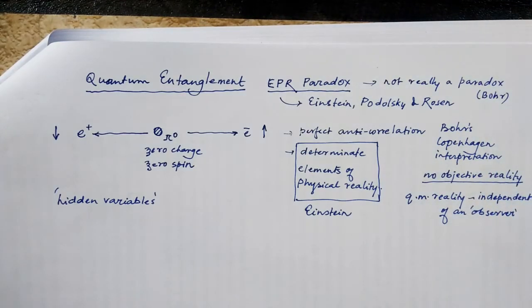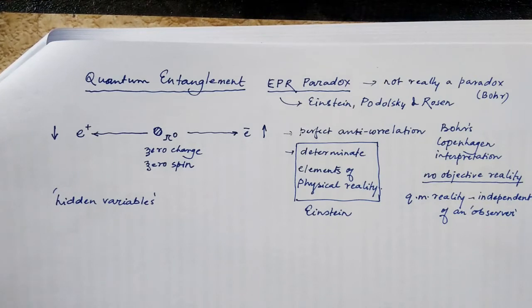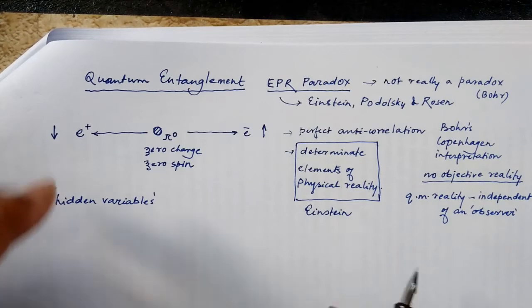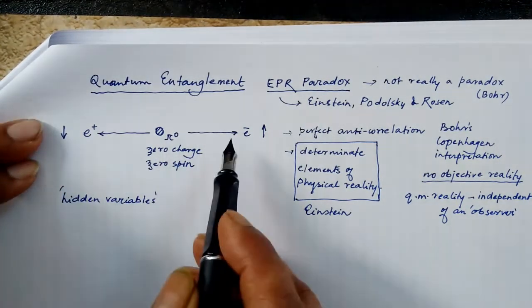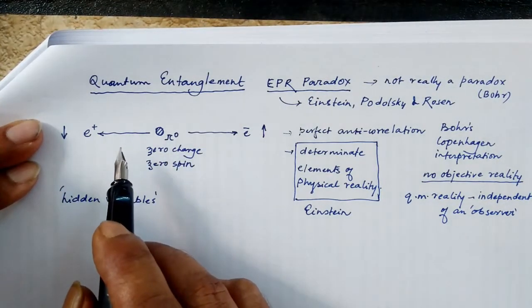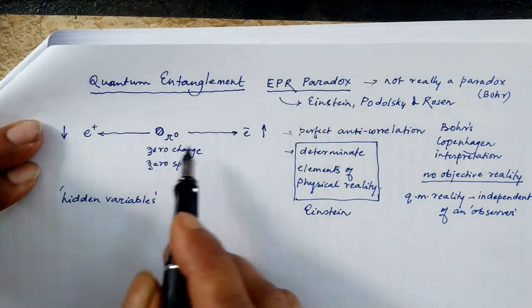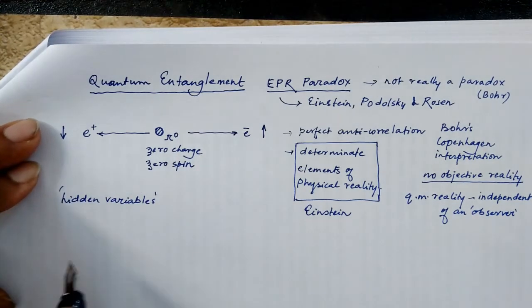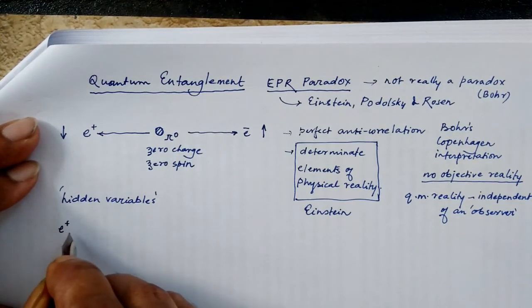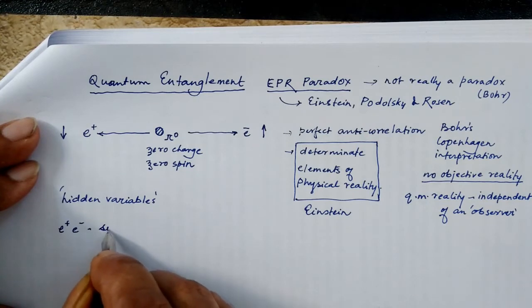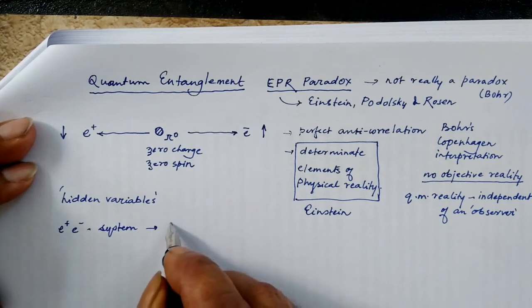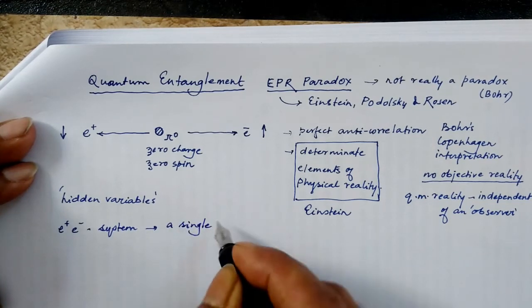He argued that quantum mechanics demands you should treat this electron-positron system as a single quantum system.